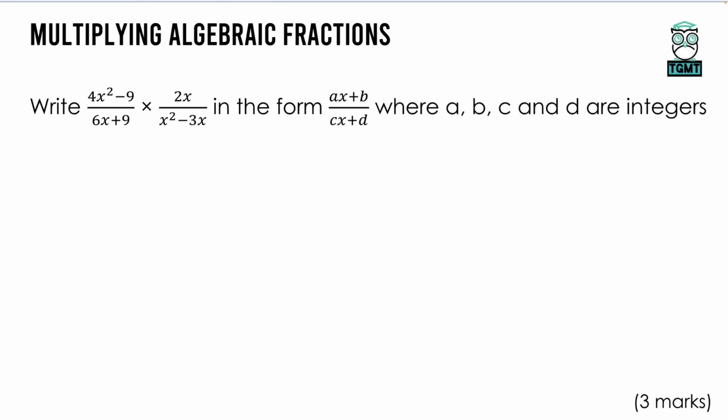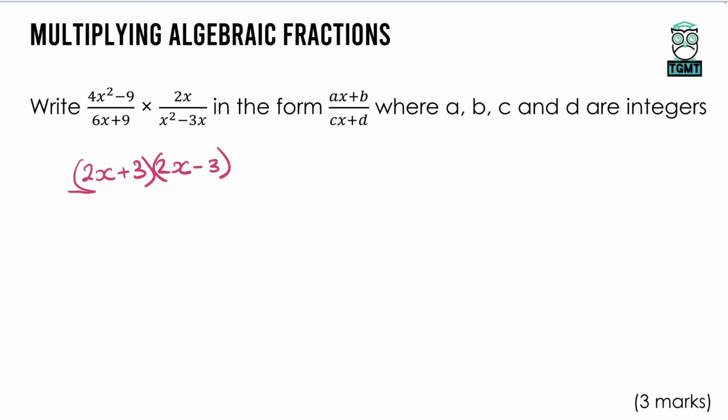Now we have a more complicated question here where we are multiplying algebraic fractions. This one here, we have a lot of factorising to do before we can even start multiplying. So if we start factorising anything we can, we have a difference of 2 squares on the left fraction. That one there would be 2x plus 3 and 2x minus 3. If you're not recognising difference of 2 squares, it might just be a nice topic to revise.